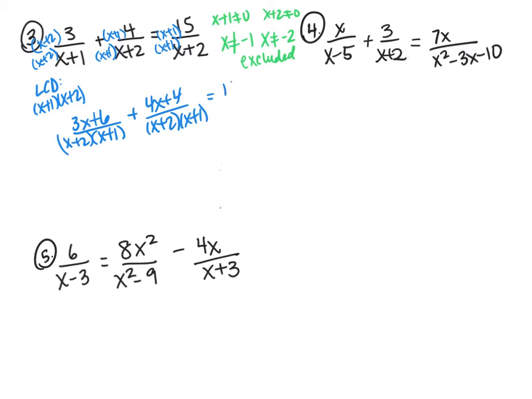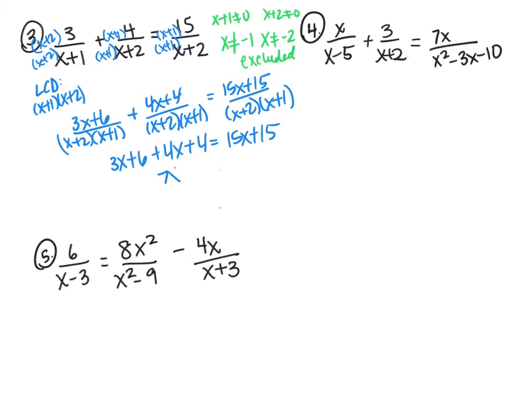And I'm going to get 15x plus 15 over that common denominator. Now that they all have that least common denominator, I'm going to solve the numerators. So I'm going to have 3x plus 6 plus 4x plus 4 equals 15x plus 15. All right, I'm going to combine those like terms. So I'm going to have 7x plus 10 equals 15x plus 15.